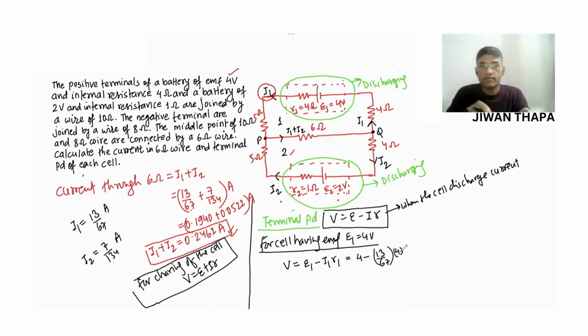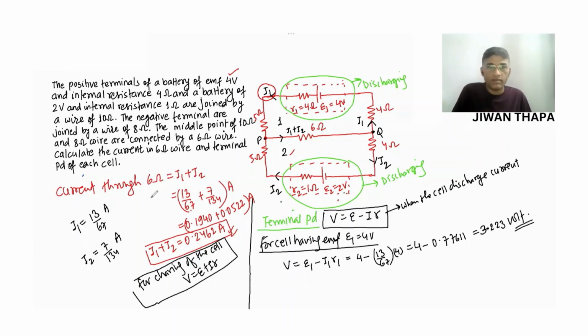Let's find this. 13 times 4 divided by 67. So we have 4 minus 0.77611. So we get 3.223 volt. So we get this 3.22 volt.